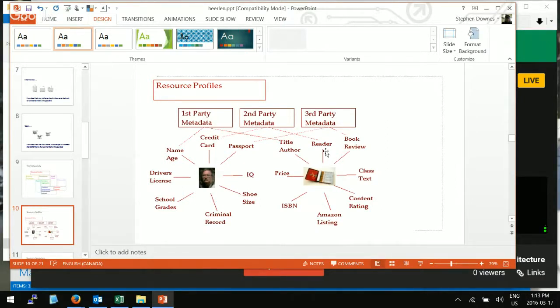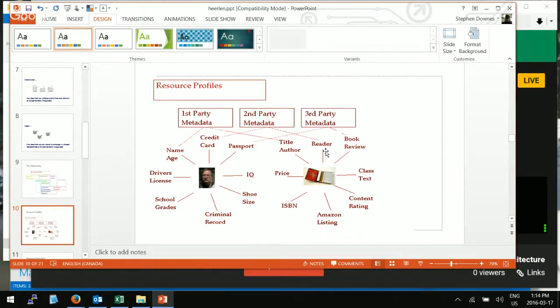Traditionally, we think one resource, one set of data. One resource, one set of descriptors. But in fact, for any kind of resource, there are many ways of looking at it, many ways of describing it. Look at, for example, a person. A person might have properties that are inherent to them, like their name or their age.